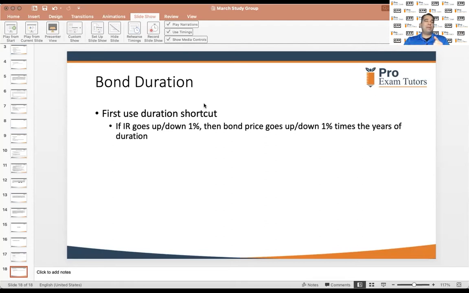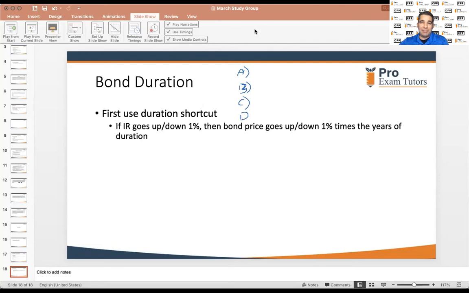Now, if they really want to be mean about it, and they could be, if the interest rate in the question goes down, they'll just have four answers where the bond price goes up. And if they really want to get nasty about it, they'll give you four choices, let's just say A, B, C, and D.